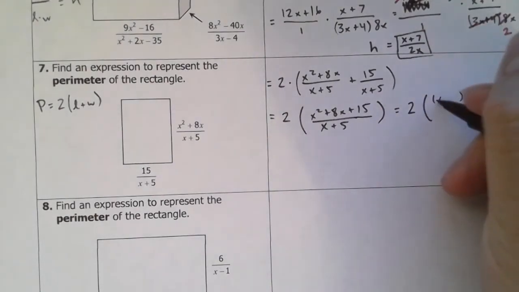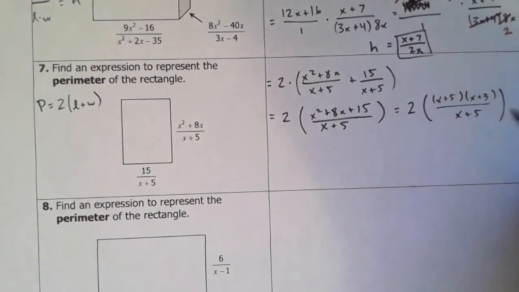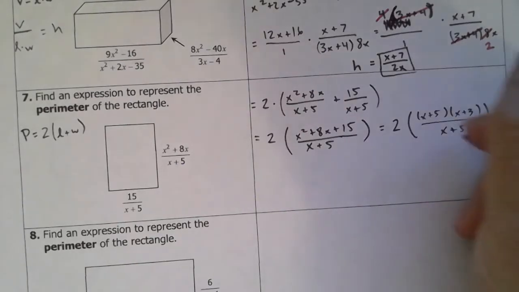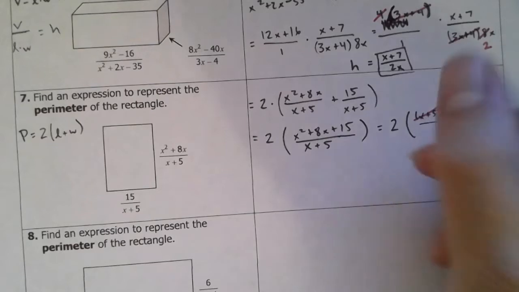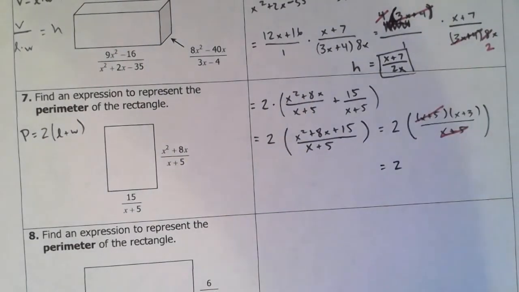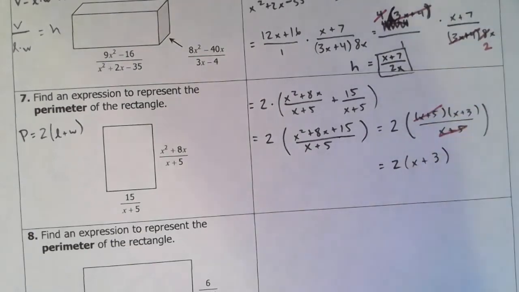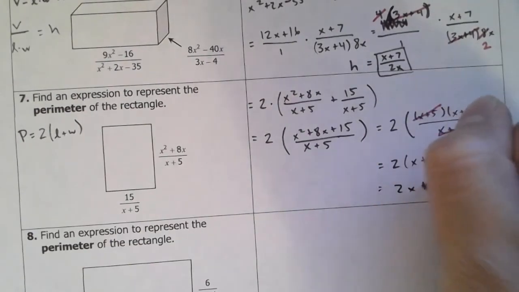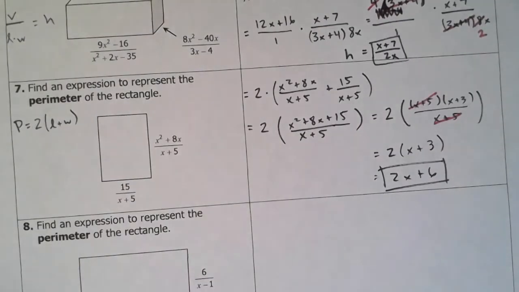I get x plus 5 and x plus 3 over x plus 5, and then notice that these two guys are going to cancel, so I get 2 times x plus 3. You can stop there, or 2x plus 6. That would be the perimeter of this rectangle here.